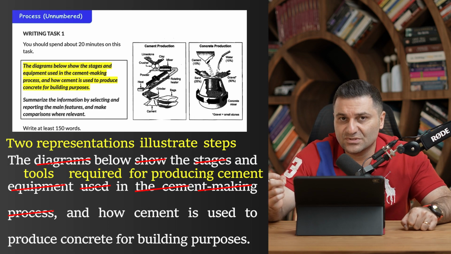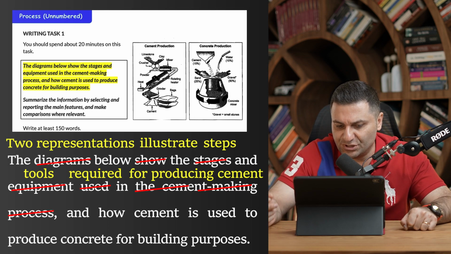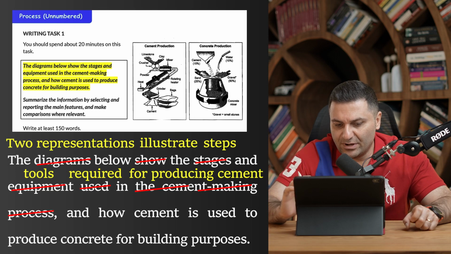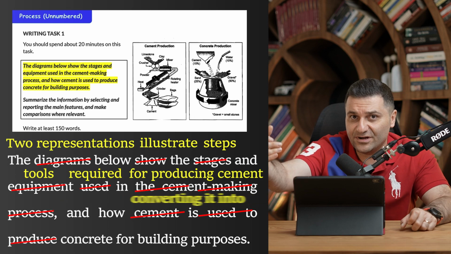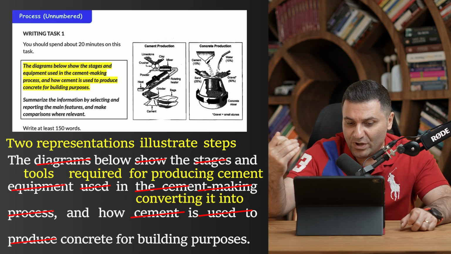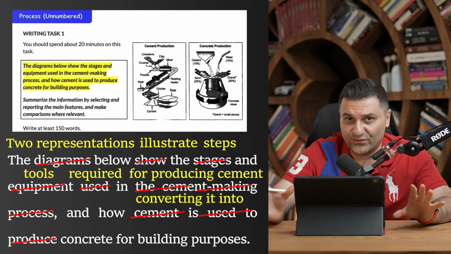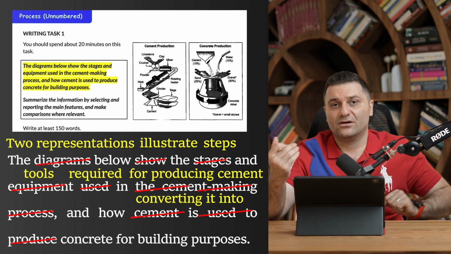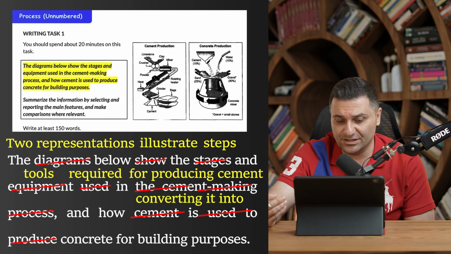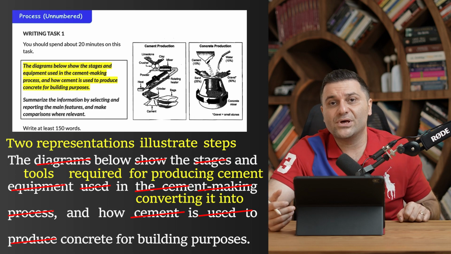And how cement is used to produce. So cement is used to produce something. So it is converted into something, right? And we can write this one, this phrase, converting it into, all right? And converting it into concrete for building purposes.